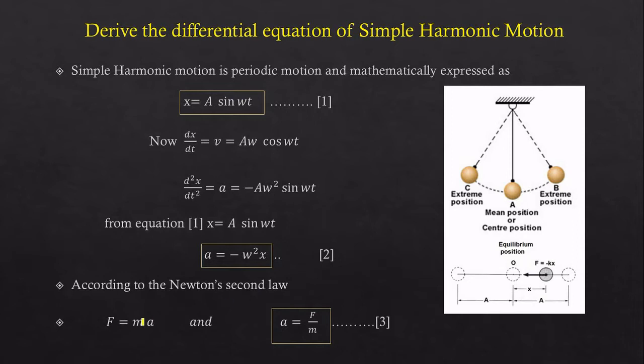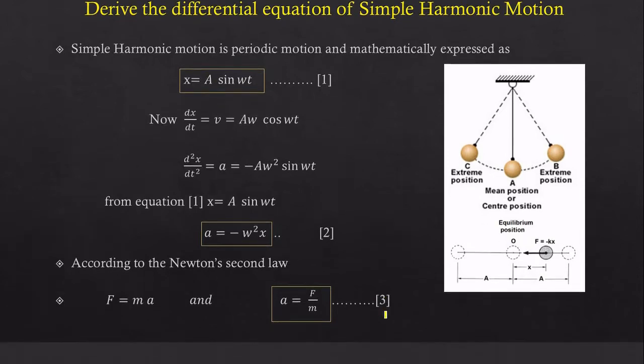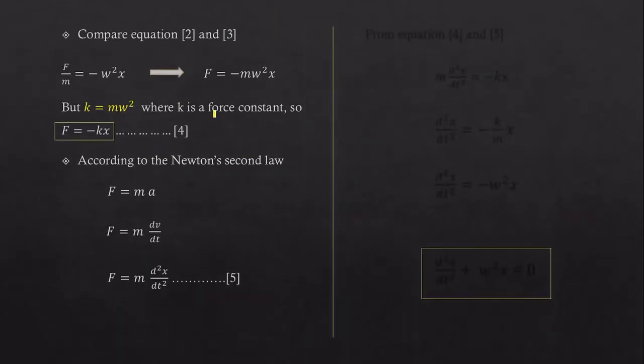According to Newton's second law, force is equal to mass into acceleration, and so the acceleration is equal to F by m, or force by mass. Let us call this equation number 3. Now comparing equation 2 and 3, we get F by m is equal to minus omega square x.